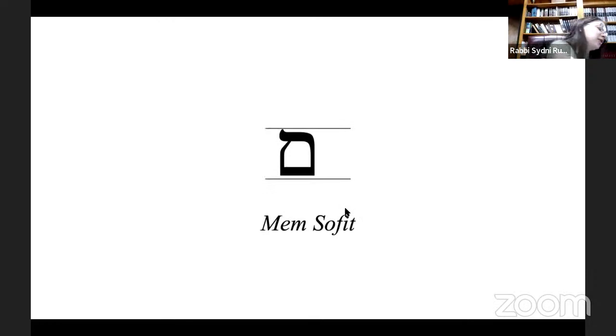All right, mem Sofit. Here is our exception to the rule that I just said 5 seconds ago, or to the tendency. So if these are our lines, the mem is a box. Sometimes people will call it marshmallow mem. So line 1 is going to be this top, line 2 is going to be the side, 3 is here, or should be longer than that, and 4 is up.